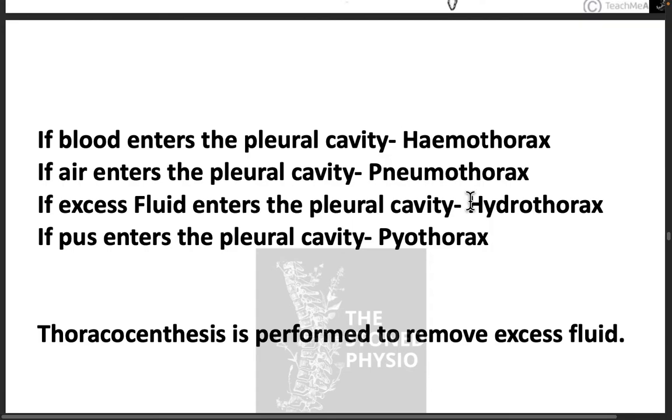And if there is some pus formation, because of some pathogen affecting the body, in response to that pus is formed, and if that enters the pleural cavity, we call it pyothorax. Pyo means pyogenic material. The pus is also called pyogenic material. So if pyo enters the thorax, we call it pyothorax. Pyothorax, hydrothorax, pneumothorax, and hemothorax.